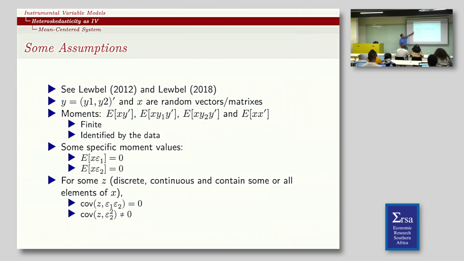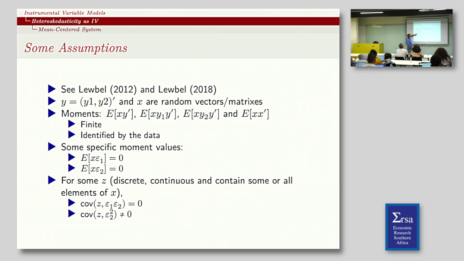So basically what we want is all of this to be finite, which means that we can't have any weird data. And we need it to be identified by the data, which basically means that we can calculate these means. These are very unrestrictive assumptions. We're going to make a couple of fairly straightforward moment arguments.